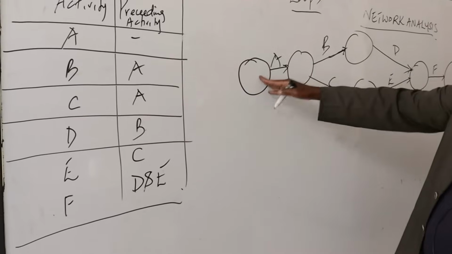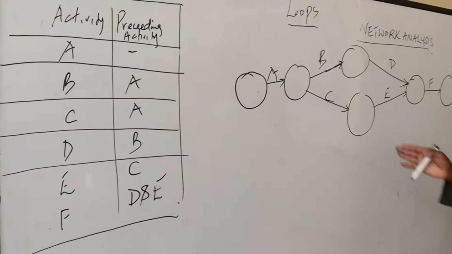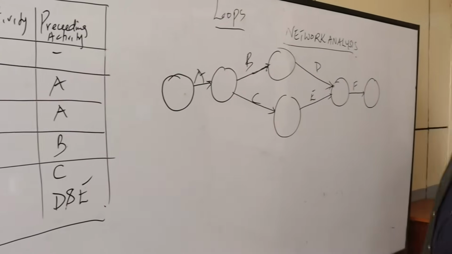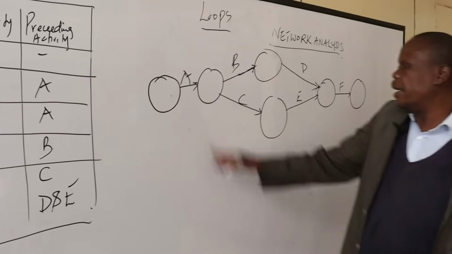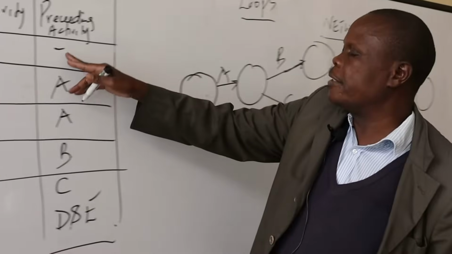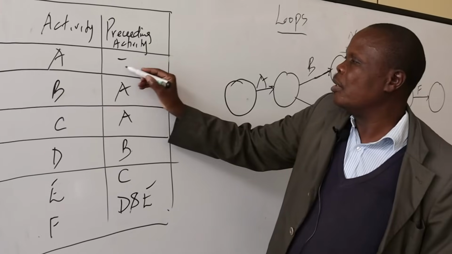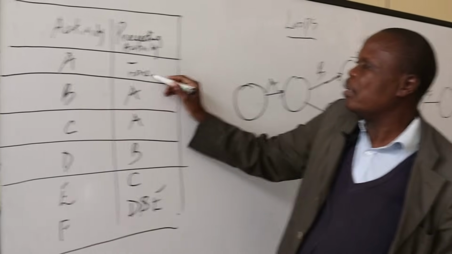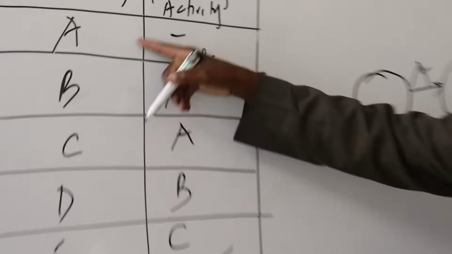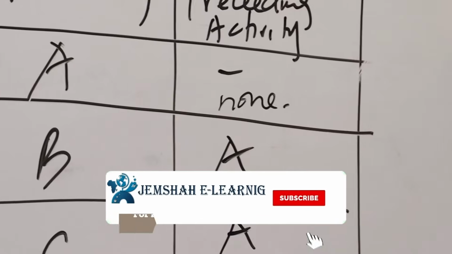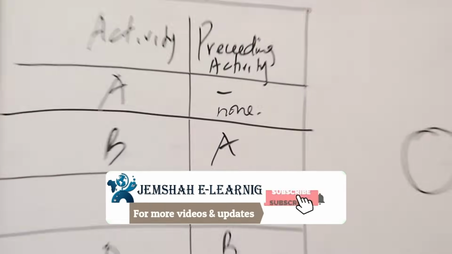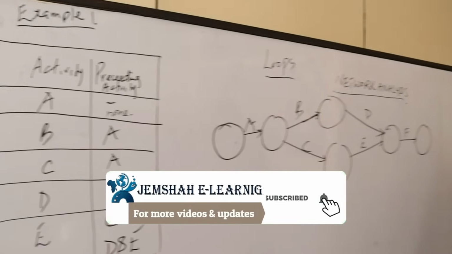So this is the network diagram for the question, such that A has a dash, which can also mean none. That means there is no activity which occurs earlier than A. In other words, A is the first activity to occur.